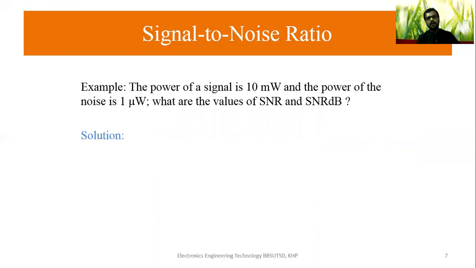Take an example of signal to noise ratio. The power of the signal is 10 milliwatts, and the power of the noise is 1 microwatt. What are the values of SNR and SNR dB? We have two different powers with two different units.